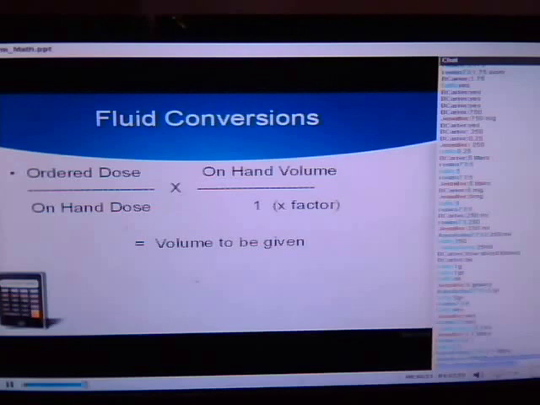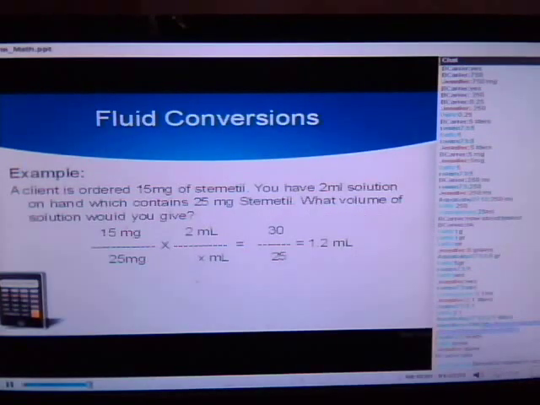We have the ordered dose, what the doctor ordered, over the what we have in stock, the on-hand dose, times the on-hand volume divided by 1, or I'm going to call it the X factor. And this would equal the volume to be given.